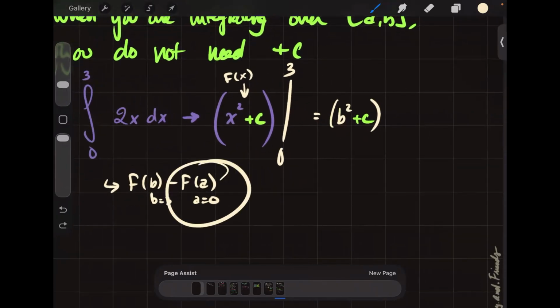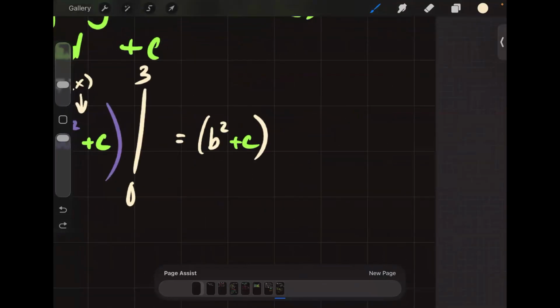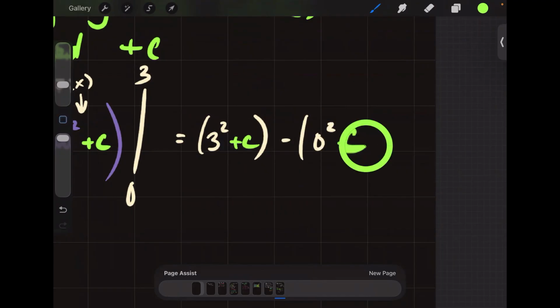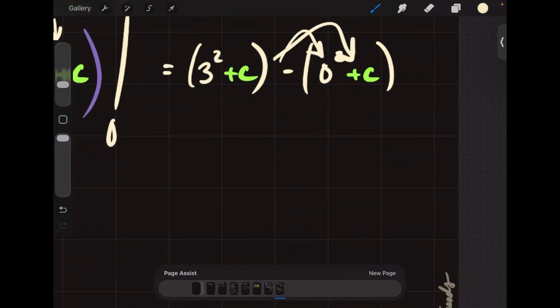And you'll have f of a. A is 0. Oh, sorry, not b squared. 3 squared. My bad. Minus, right? Parentheses are important. 0 squared plus c, right? And if you simplify that, you distribute the negative sign. Please don't forget to do that.